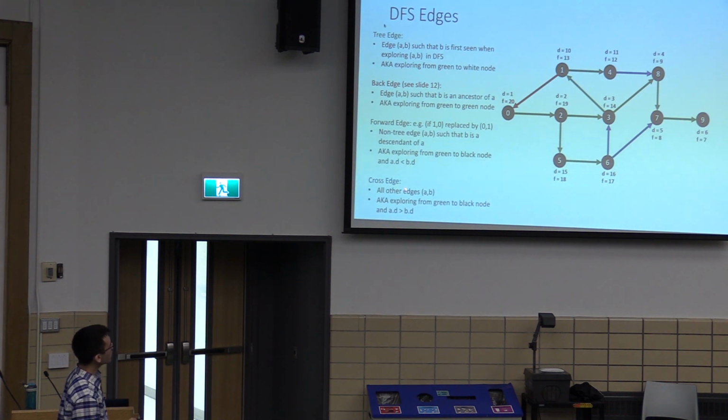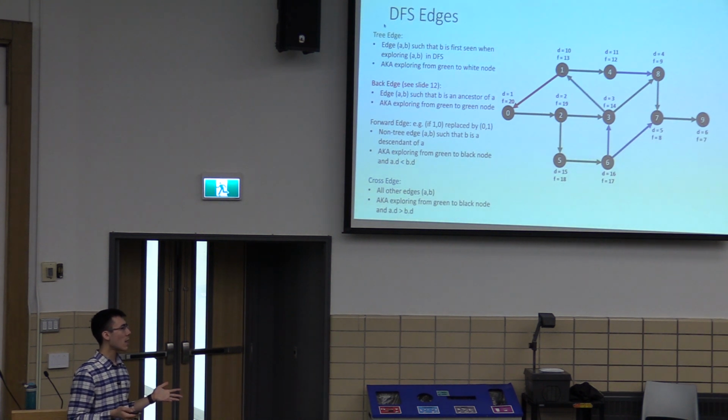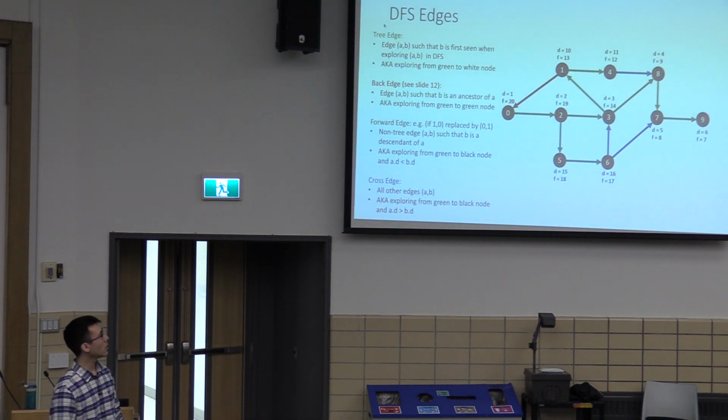There's also a cross edge, which basically corresponds to every other type of edge that isn't a forward, back, or a tree edge. Okay? Now, why do we care about these different edge types? Well, the most important edge type, really, is the back edge here. So in a graph, one application of a graph is to actually know whether there is a cycle somewhere in the graph.